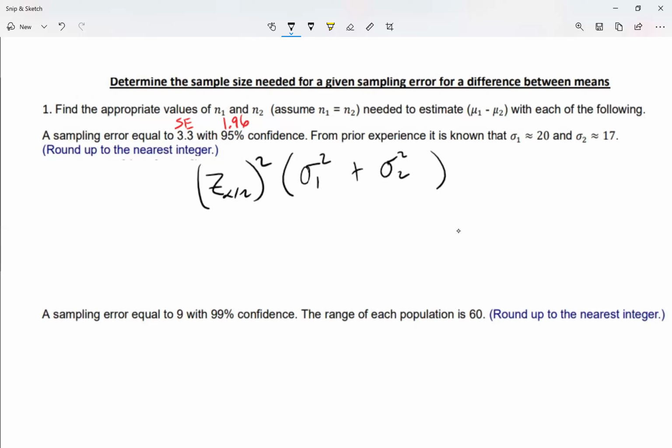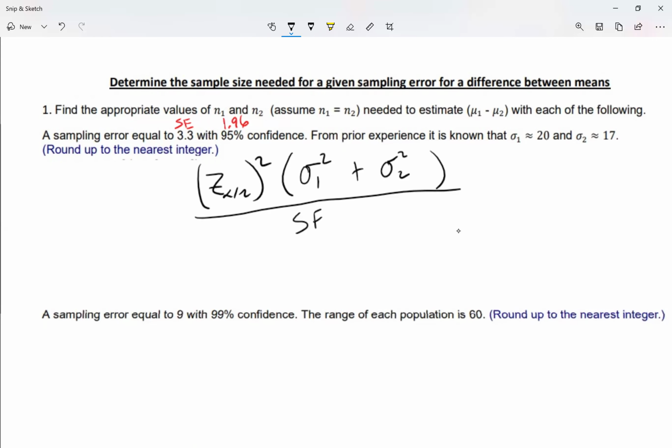You notice how I'm not giving you the variance of each sample. I'm giving you the standard deviation of each sample, so obviously just square each of them. And I'm going to divide all of this by the standard error all squared.